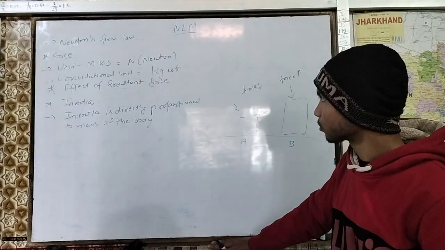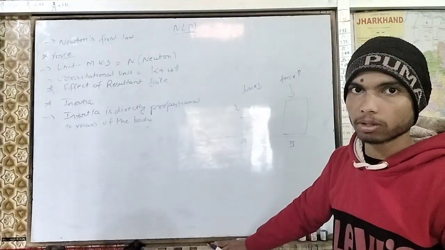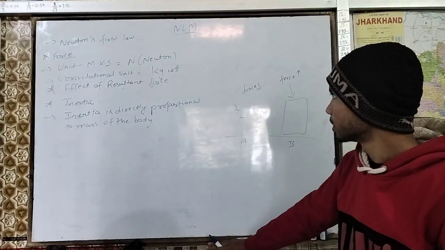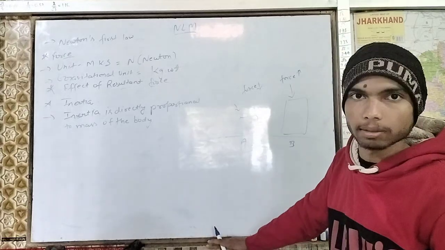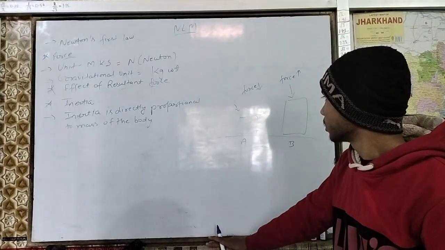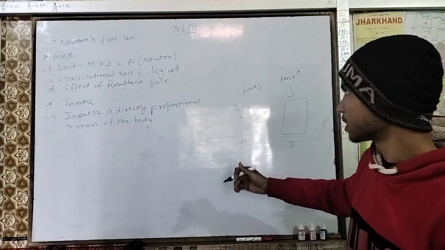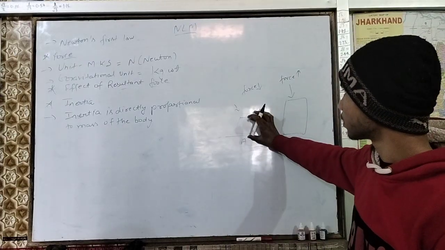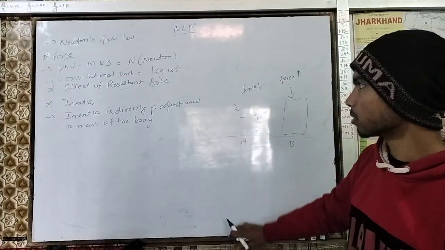So if force is more, inertia will be more. If force is less, inertia will be less. Clear? How will we measure it? By looking at the mass. Here the mass of this object is less and the mass of this object is more. That's why here inertia will be less and here inertia will be more. Here force will be less and here force will be more.